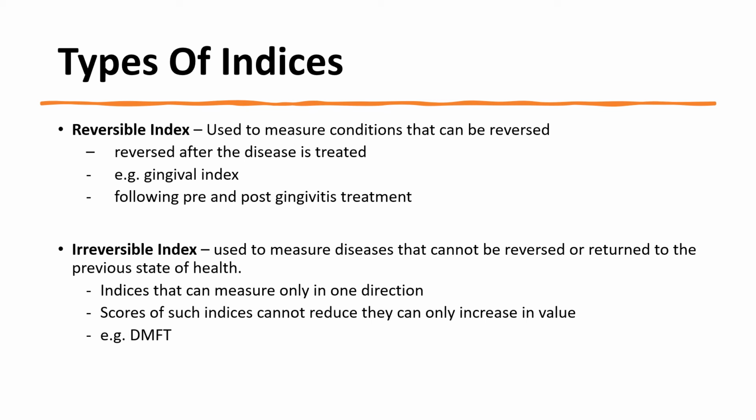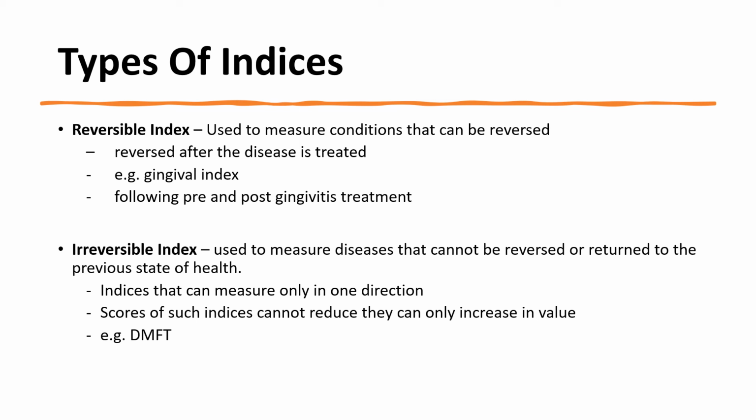So any indices that can be used to detect that disease condition when they have been reversed. So you say it was there, it's no longer there. You used it before the intervention, and after the intervention, you measure it, and then you cannot get that measurement again. So you can say it's a reversible index. So these are indices that can be used to see the pre and post intervention changes.